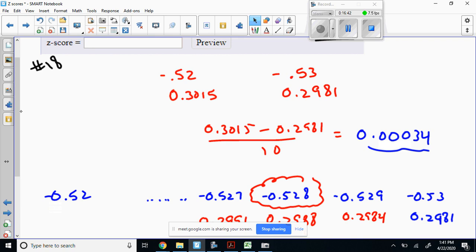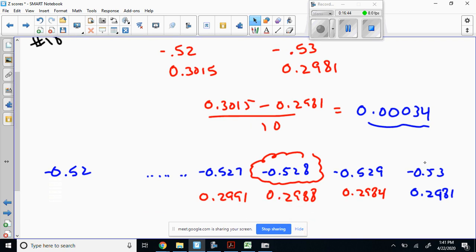So I knew it was closer on this end, right? And the numbers get bigger as I go to the left, right? So I just added 0.0034 to that and got that. Add 0.0034 to this and got this. And then I checked it out one more time.